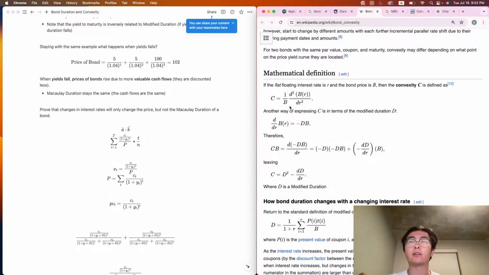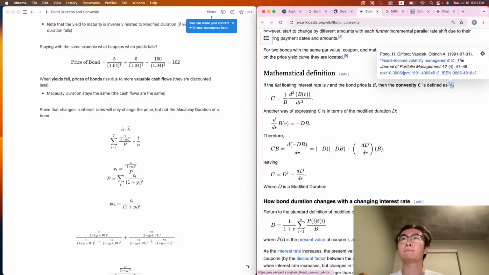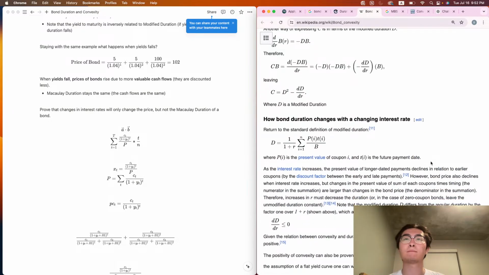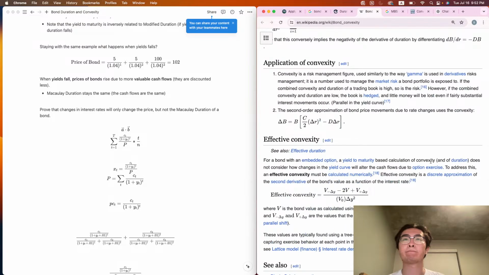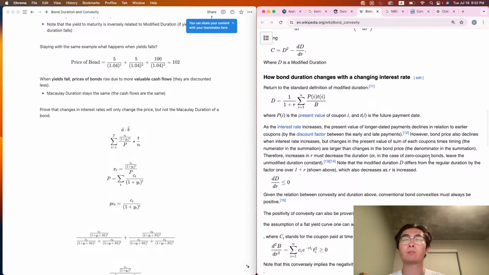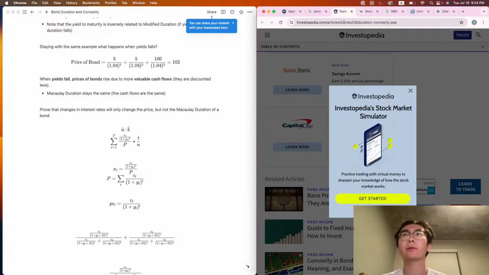Convexity is in terms of the modified duration D, so modified duration derivative of the price. Okay, maybe it'll be worth watching a YouTube video.